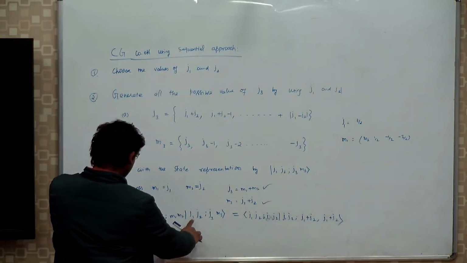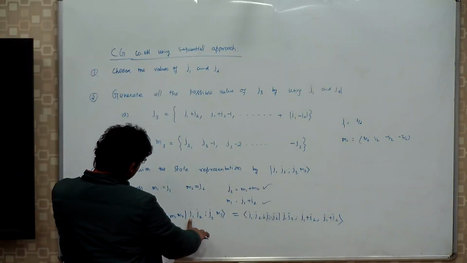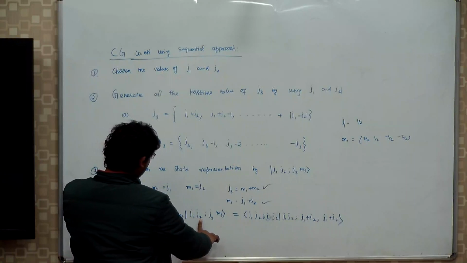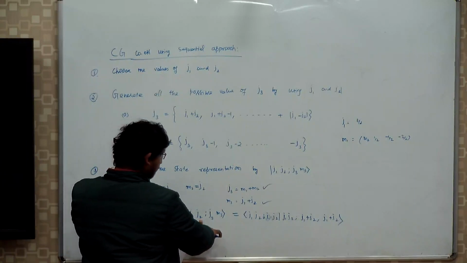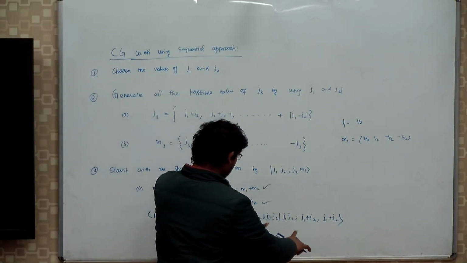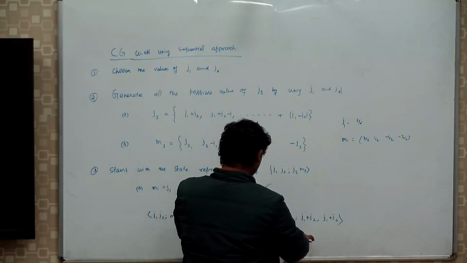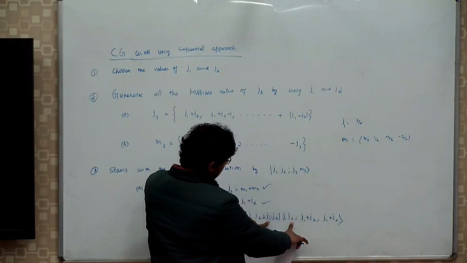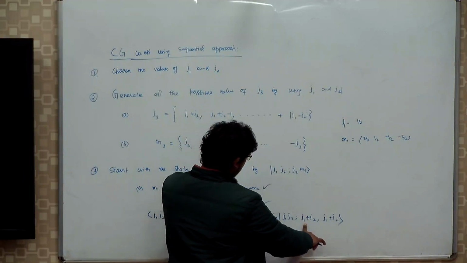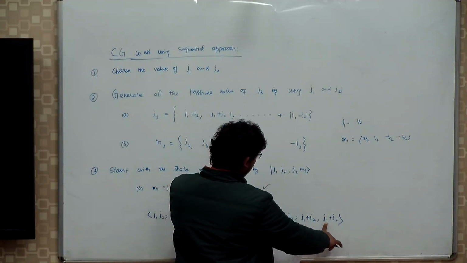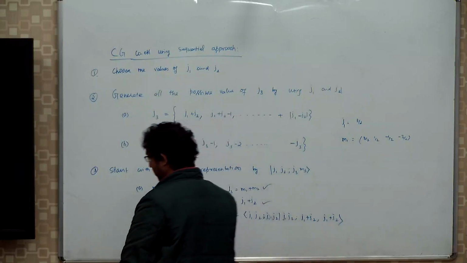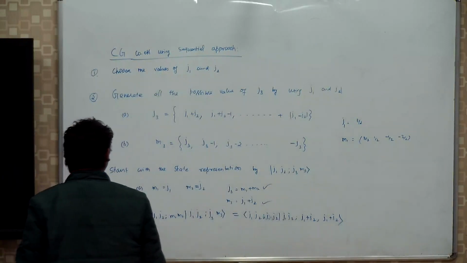Of course this will be delta j1 j1 and delta j2 j2, so there is no problem. Here again it will be delta j1 j1, delta j2 j2, and delta j3 j1 plus j2 and delta m3 j1 plus j2. So you will get only these two valid terms.